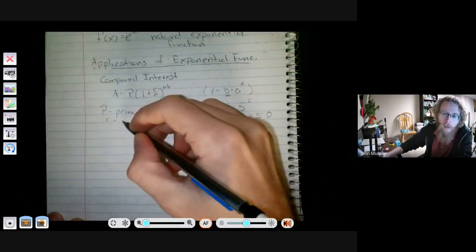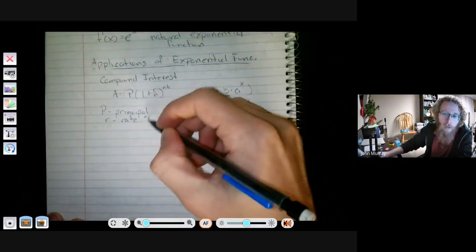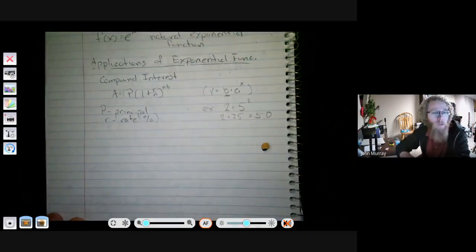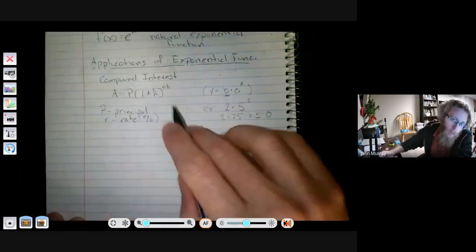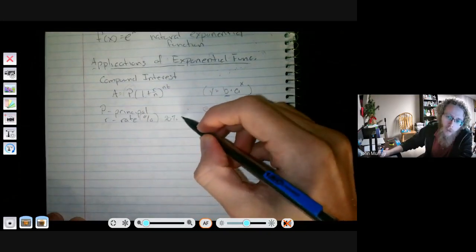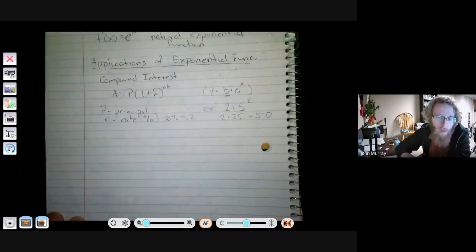The R is the interest rate, okay, which is a percentage. So if you're given a problem like this, just be careful. If you're given 20%, you're not going to plug 20 in here. Remember, 20% is going to be 0.2, right? We divide our percentages by 100 to get the decimal value.